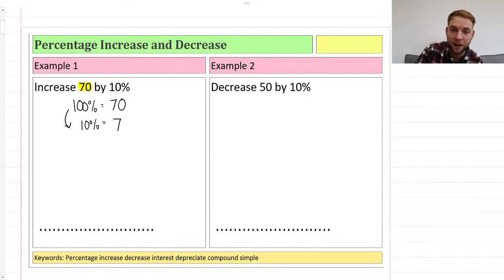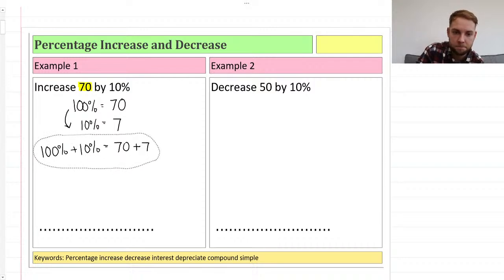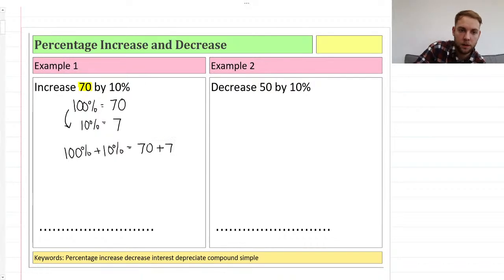Now if I'm increasing by 10%, what that means is I'm taking 100% and I'm increasing by 10%, which means it's going to be 70 plus 7, which gives me 110%. That's what an increase of 10% is.